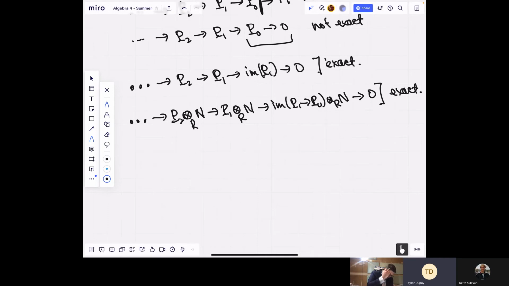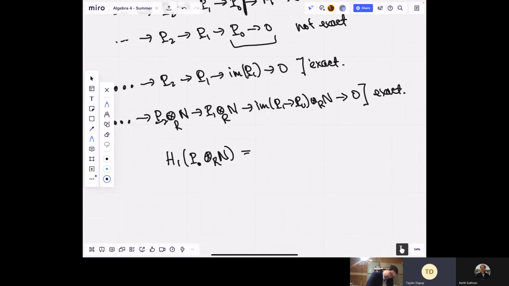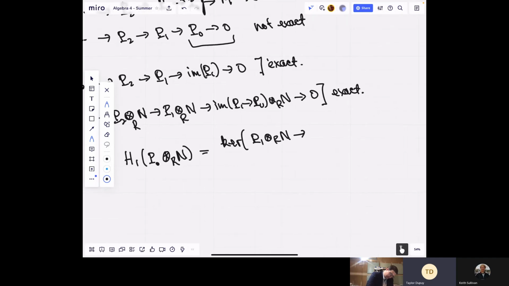And so now if we take the homology of this sequence, let's start with H1. H1 of P bullet tensor_R n. So this is equal to the kernel of this thing, modulo the image of P2. This is the kernel of the previous map.